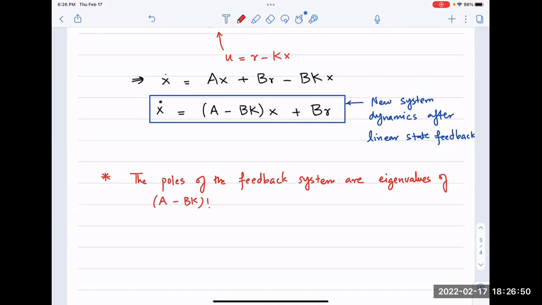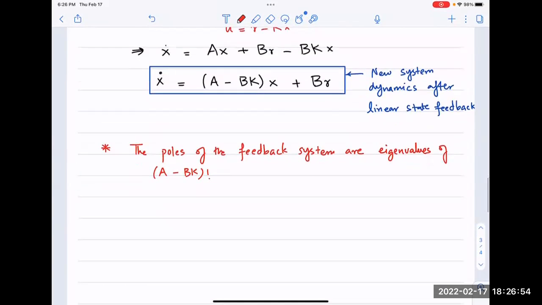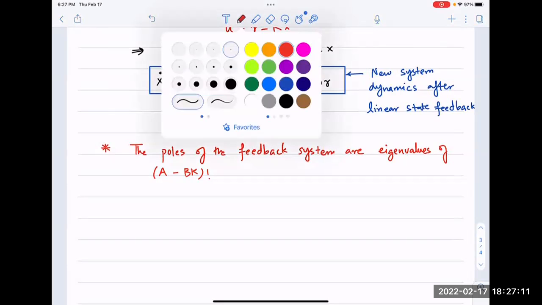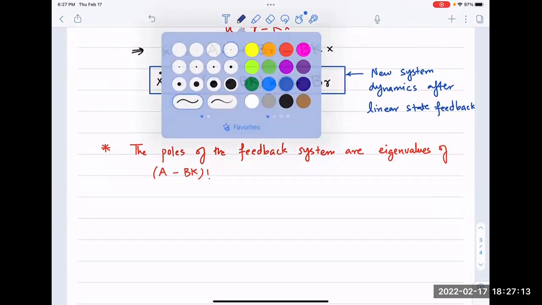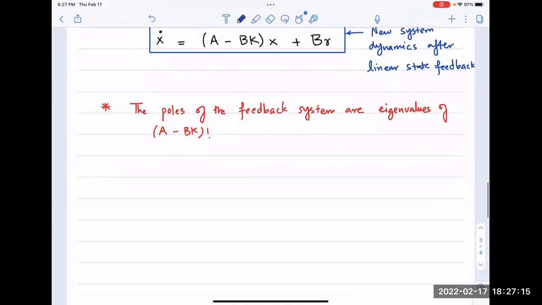If you want to assign the poles to any arbitrary location, we have to design K in a way that guarantees that the new poles are in the place that we want them to be.